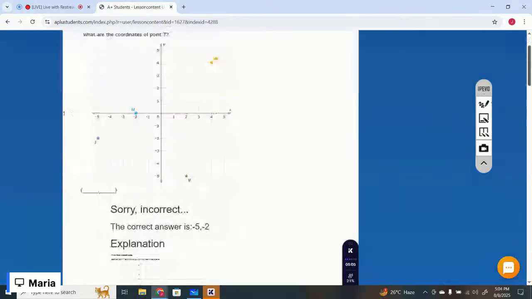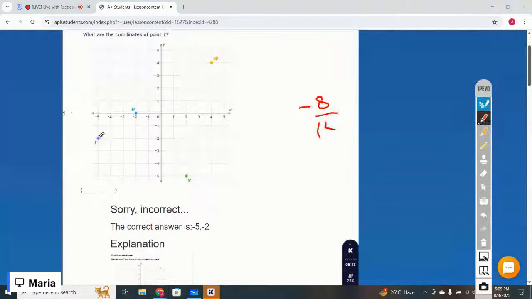So first you have to find where is point T and then you have to look at the coordinates. So here is point T, right? So match it to the y-axis, the x-axis. So the coordinates of T are -2 and -5.